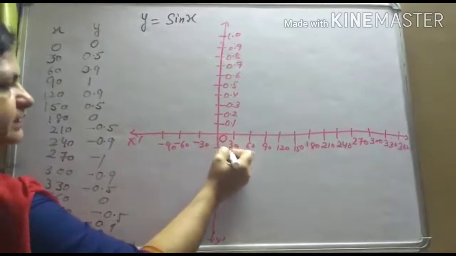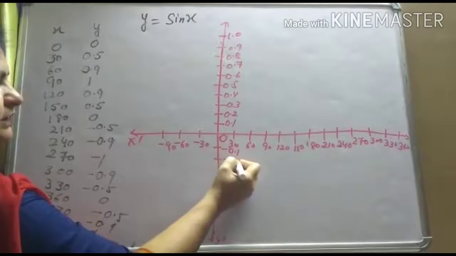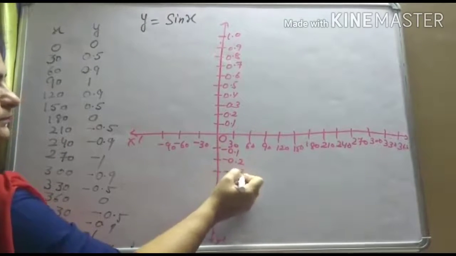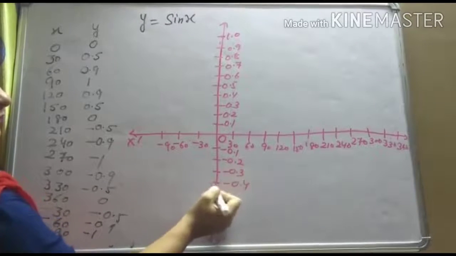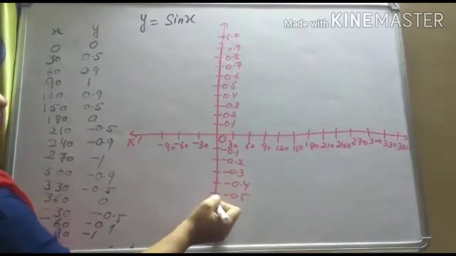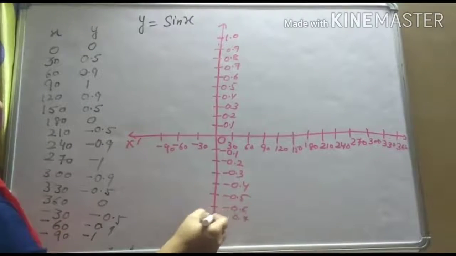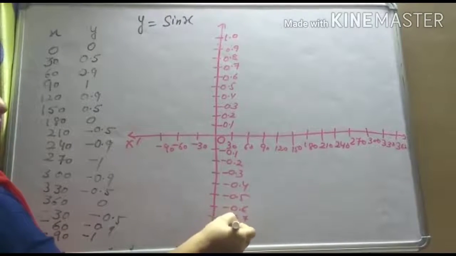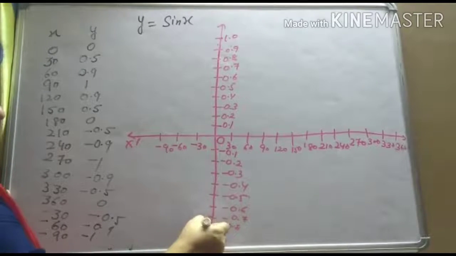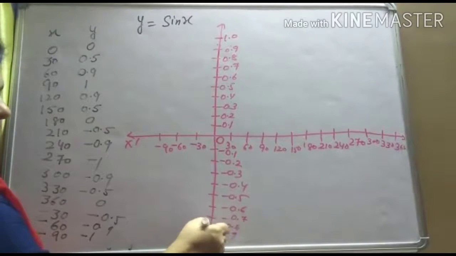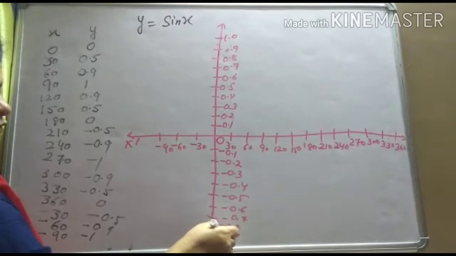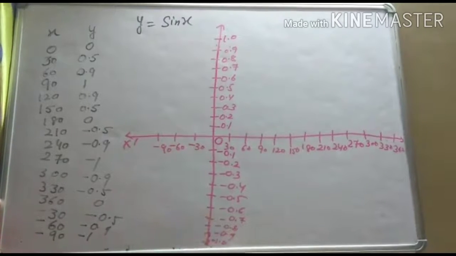Same, minus 0.1, minus 0.2, minus 0.4, minus 0.6, minus 0.7, minus 0.8, minus 0.9, and at last here it is 1, minus 1.